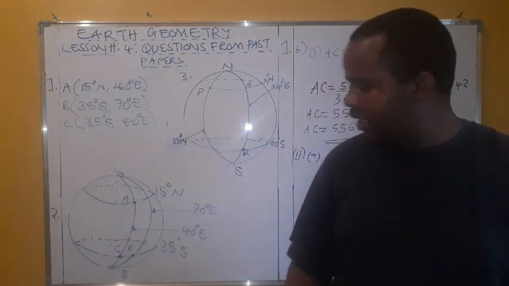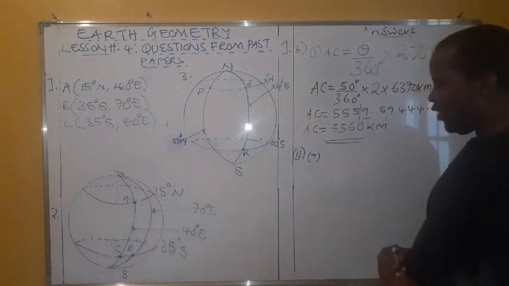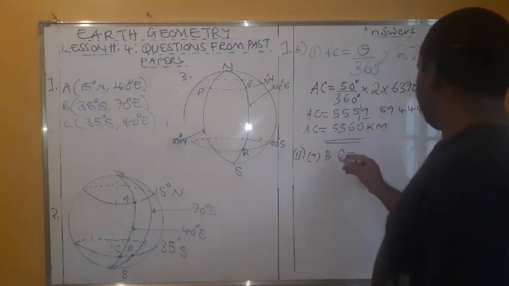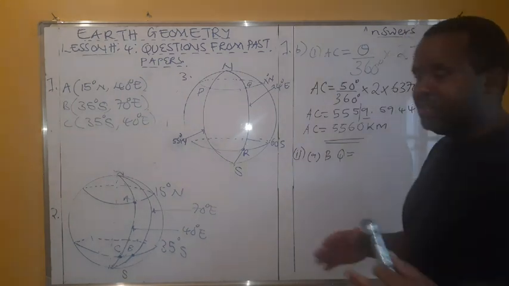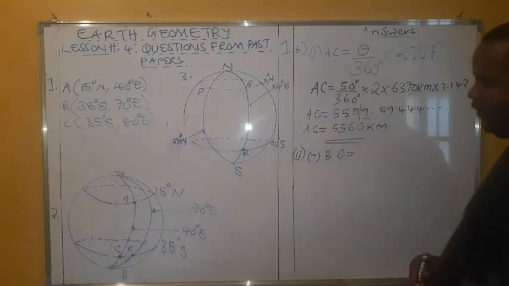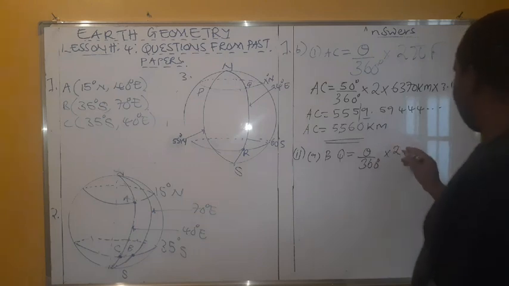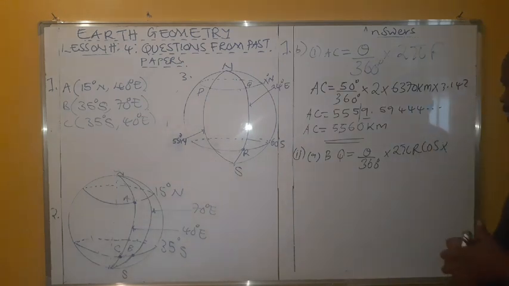You will say theta over 360 degrees times 2 pi r cos x. You can use the other formula.